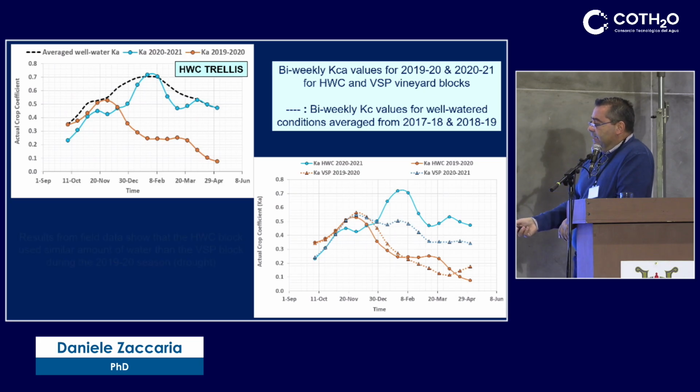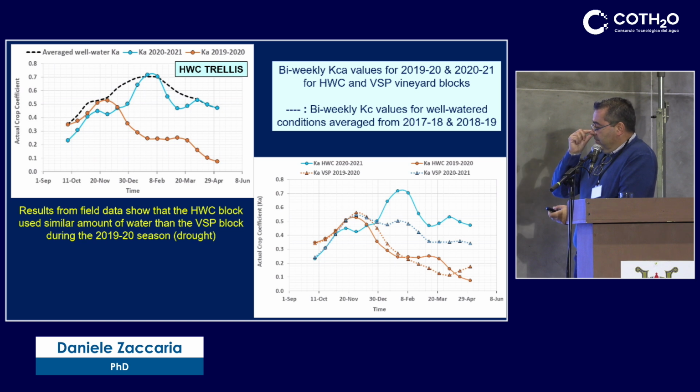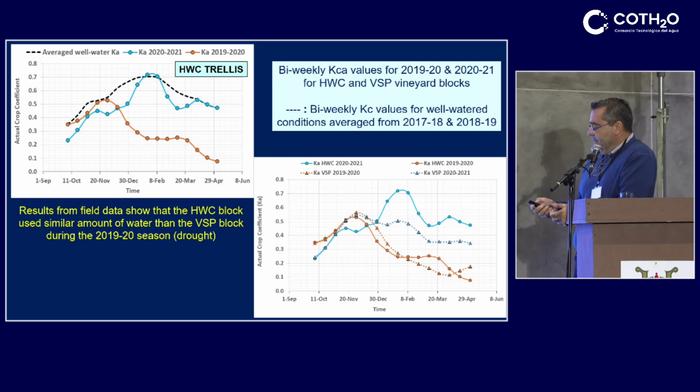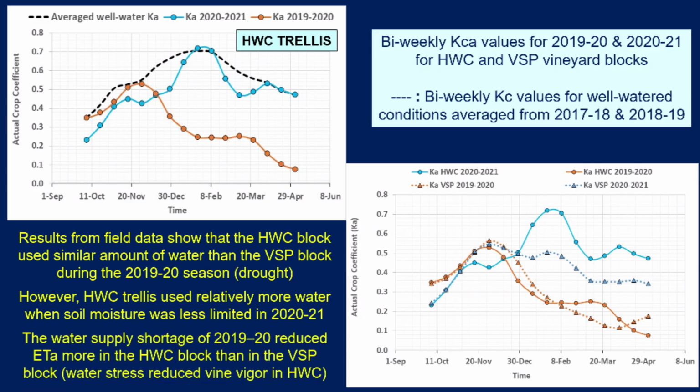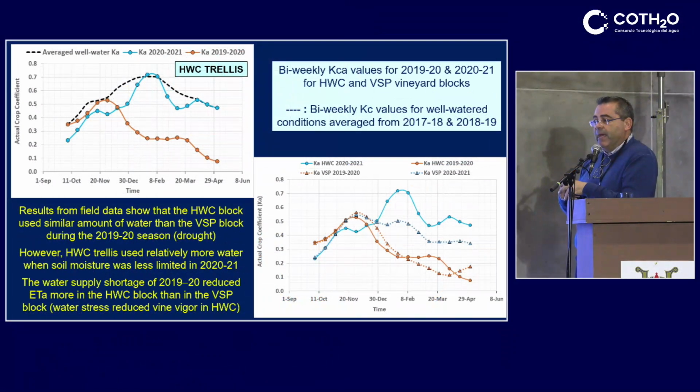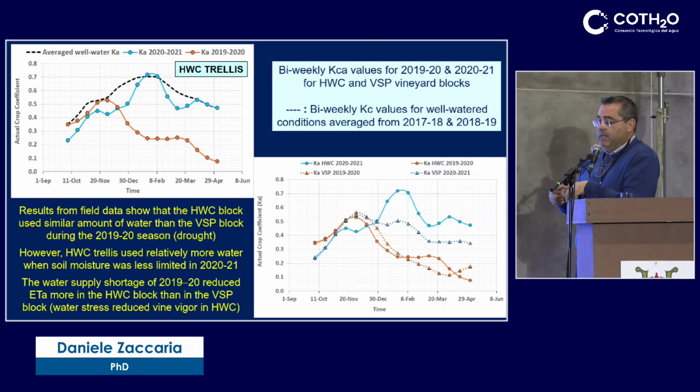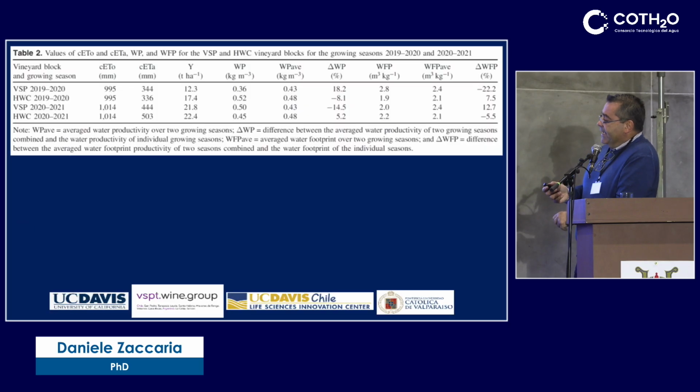So overall, I think that the results from the field data show that the high wire cordon block used a similar amount of water during the drought, and it used a relatively higher amount of water during the well-watered years, 2020, 2021, and basically the water supply restriction in 2019, 2020 reduced ETa more in the high wire cordon with respect to the VSP, and this is because of different canopy development.